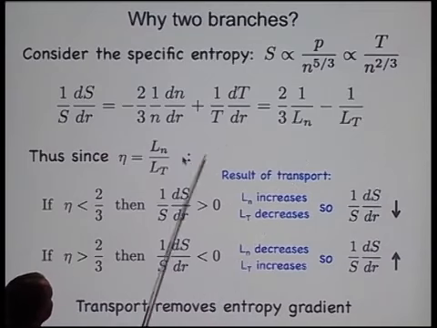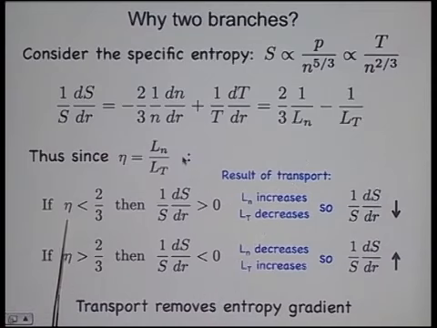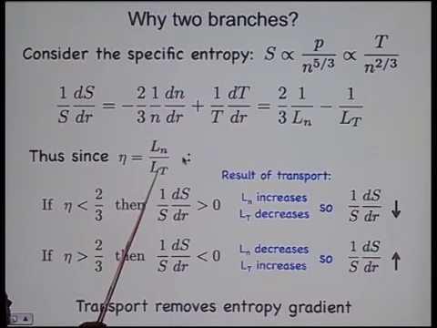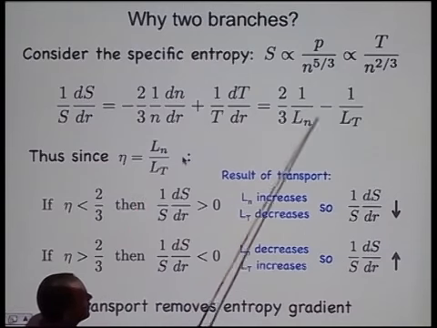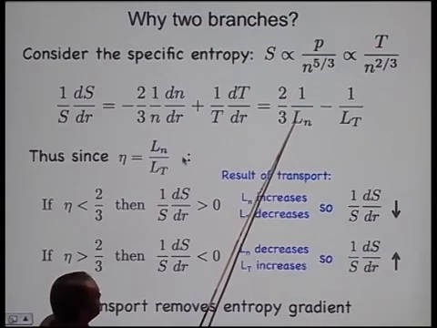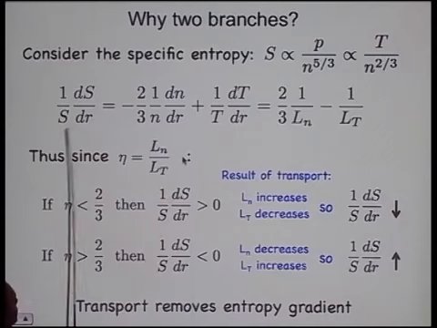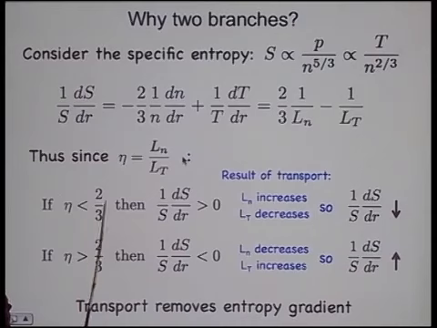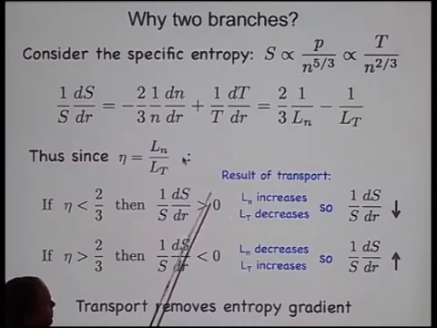All right. So when eta is smaller than 2/3, that means that this is smaller than this. That means that this term is bigger than this term. So this is positive, with this being the winner. And so therefore dS, this quantity, is positive when eta is smaller than 2/3. Now think about the transport.